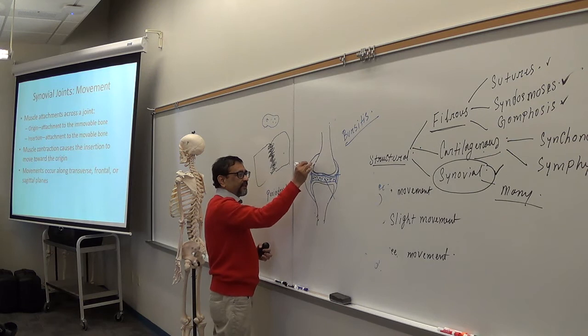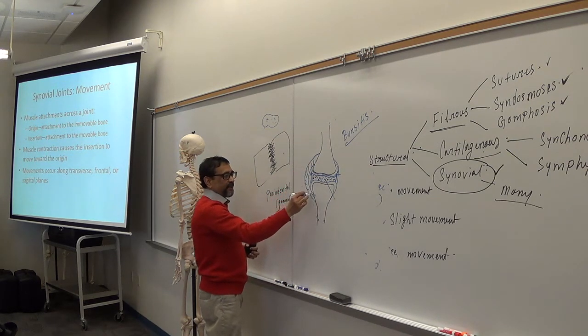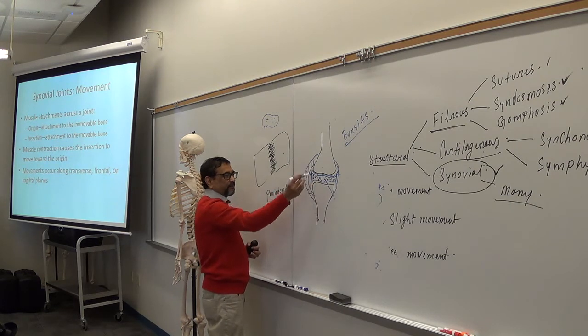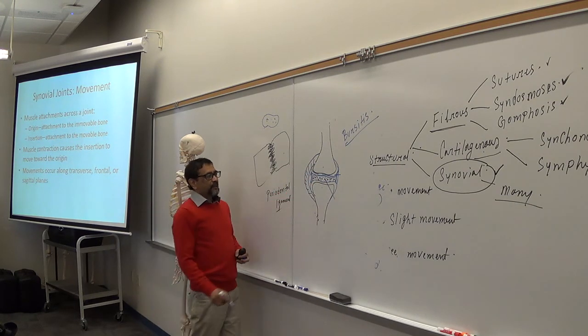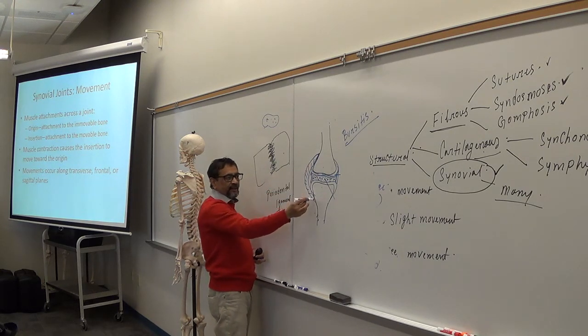If you see a muscle like this, this muscle moves this joint. One end of this muscle is attached to this bone and the other end is attached to this bone, right?